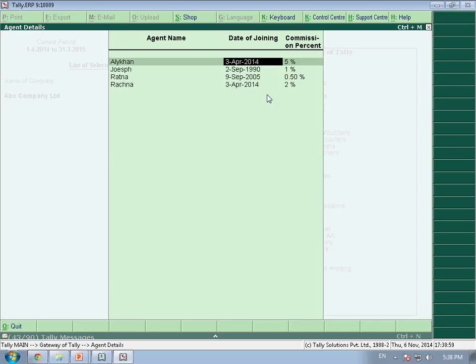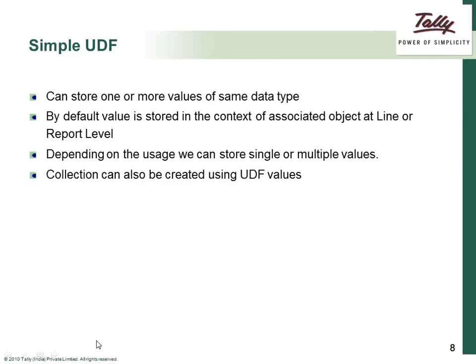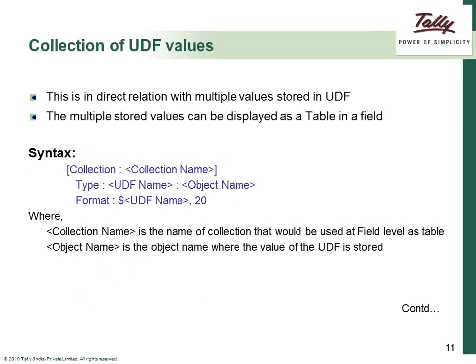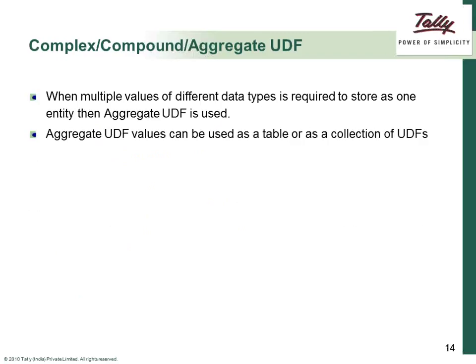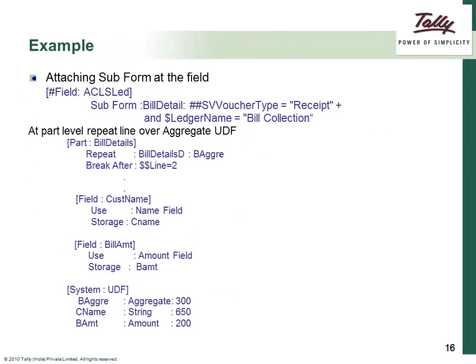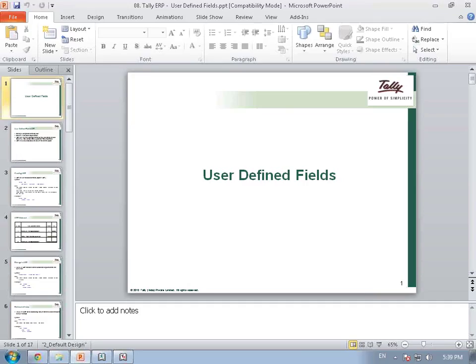So, anything else that we can do to this? We are able to do that, right? So we've done this, and this, and this. Aggregate UDF, subform creation, entering values in subform, repeated aggregate UDF, and that's all we have for user-defined fields.